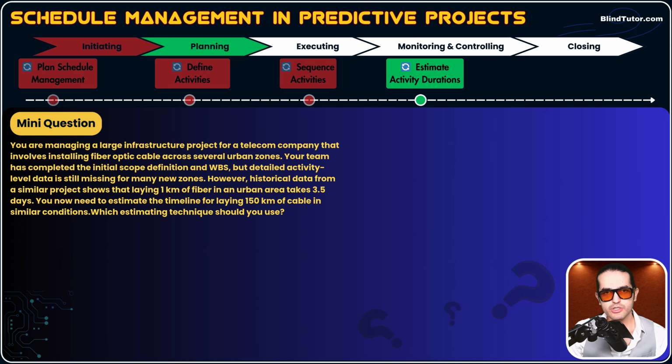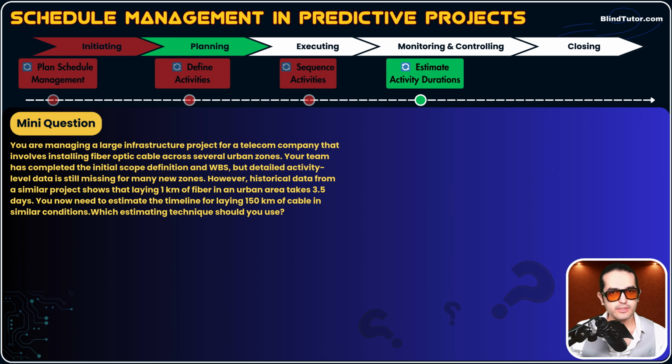You're managing a large infrastructure project for a telecom company that involves installing fiber optic cable across several urban zones. Your team has completed the initial scope definition and WBS, but detailed activity level data is still missing for many new zones.